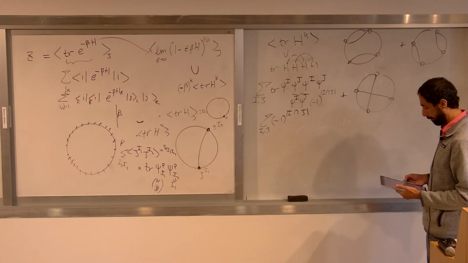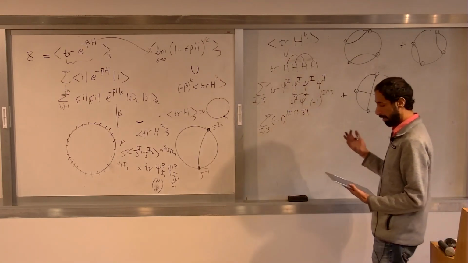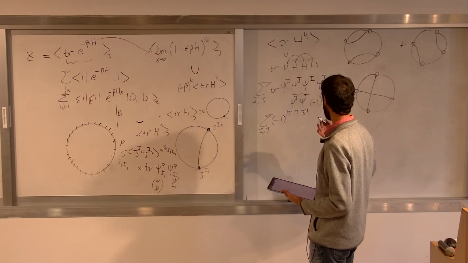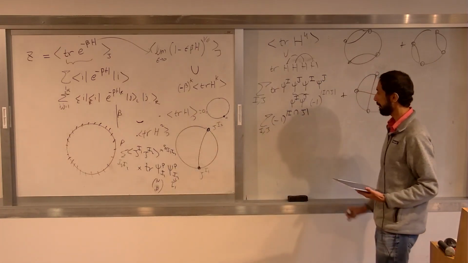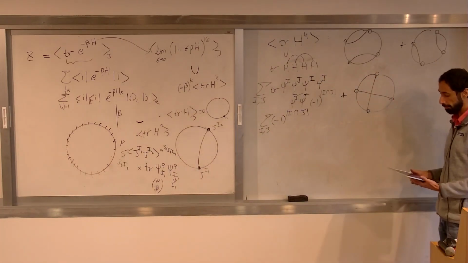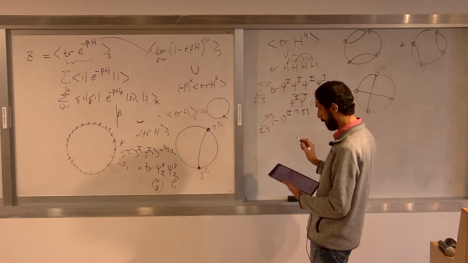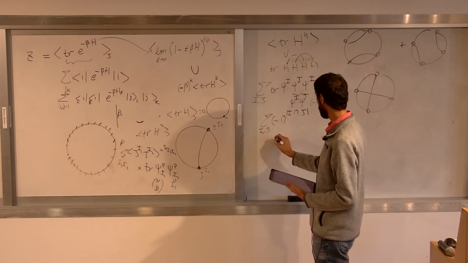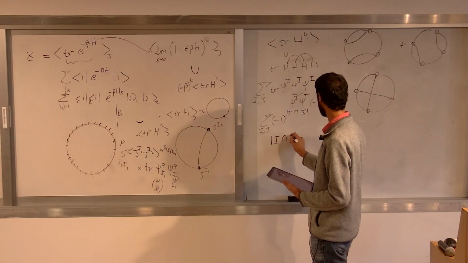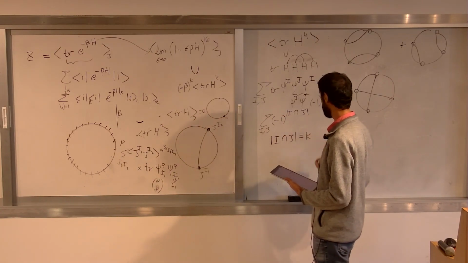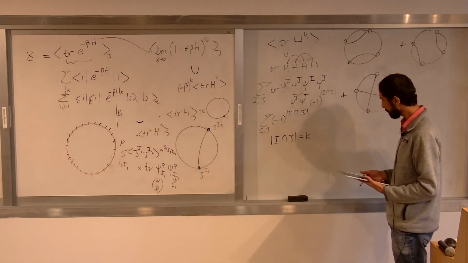Okay, so how do you evaluate this? It turns out that the statistics of these minus 1s just follows a Poisson distribution. And it's something that you can derive in the following way. Suppose that the intersection is equal to k, so they share k fermions.